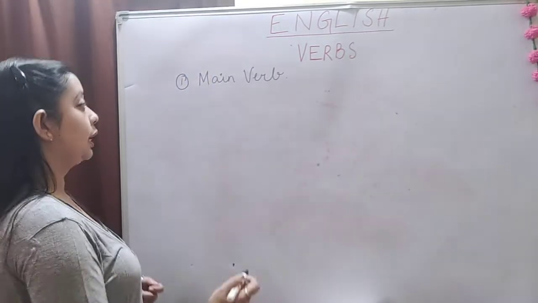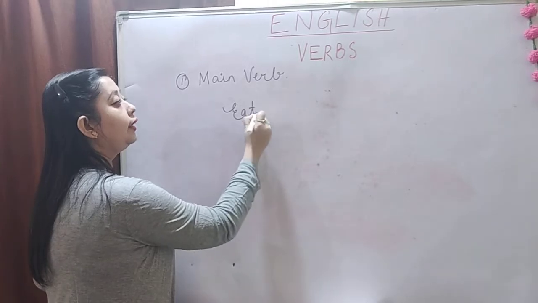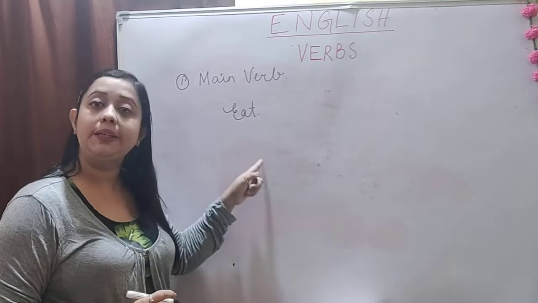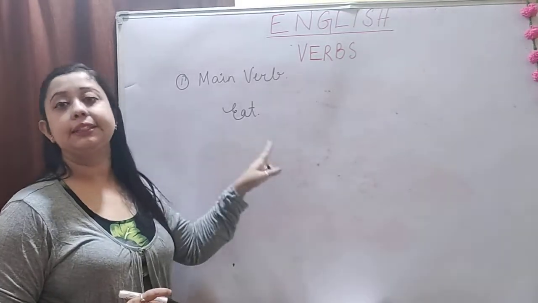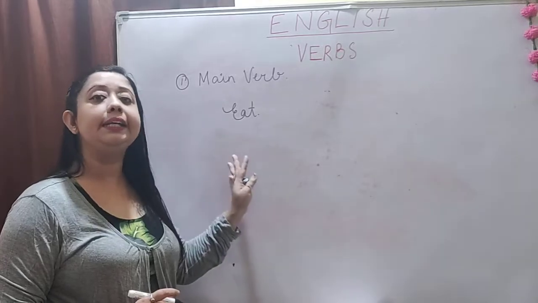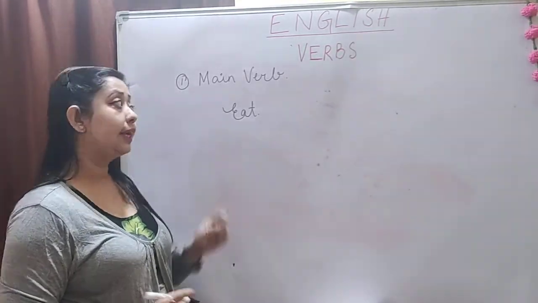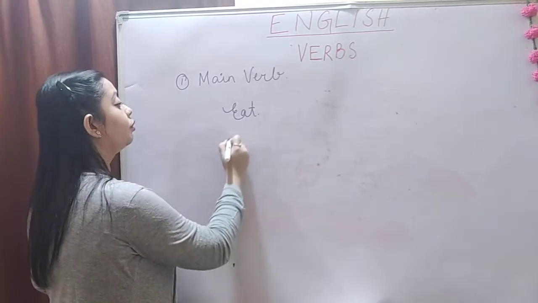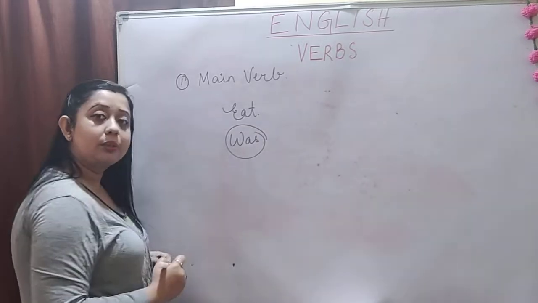Now, if I write down eat, this word has a meaning which you all can understand even if I don't put it in a sentence. It is still quite easily understood what the word eat means. But if I just write was, can you understand this word?